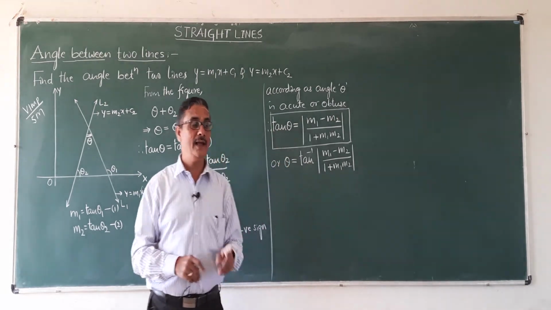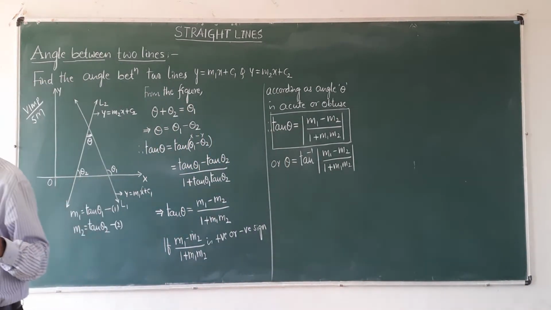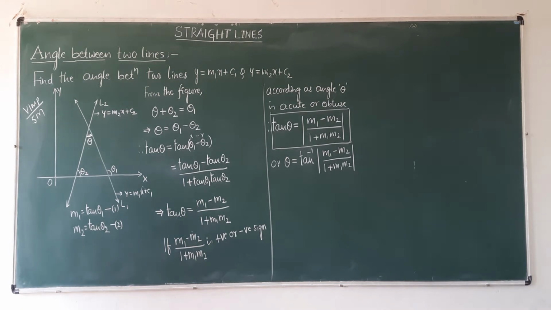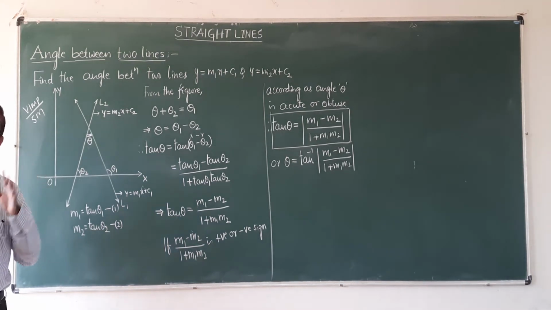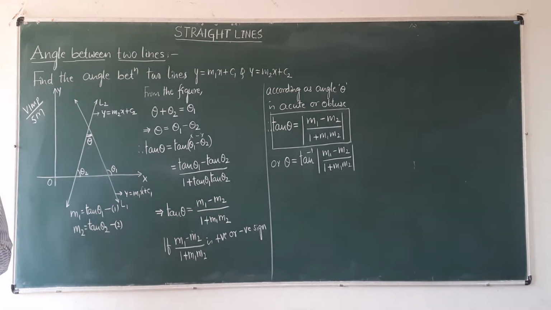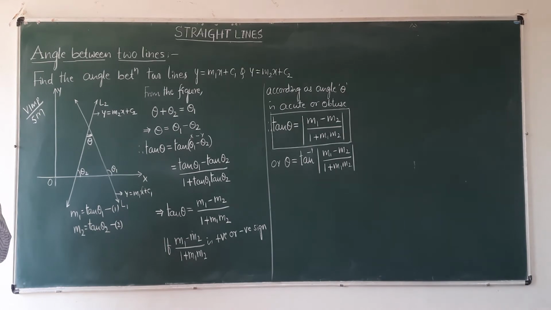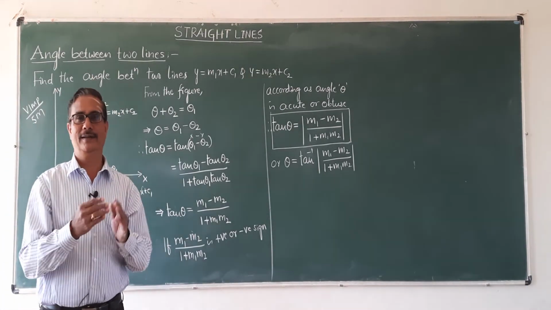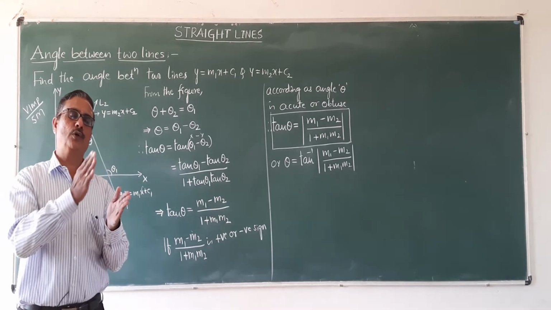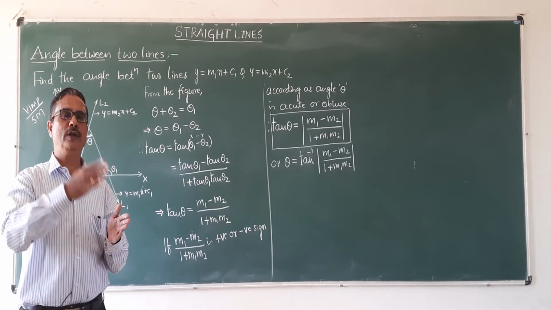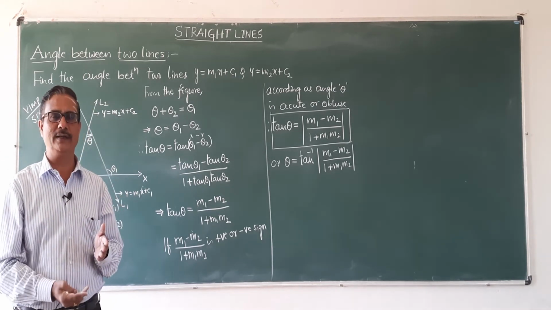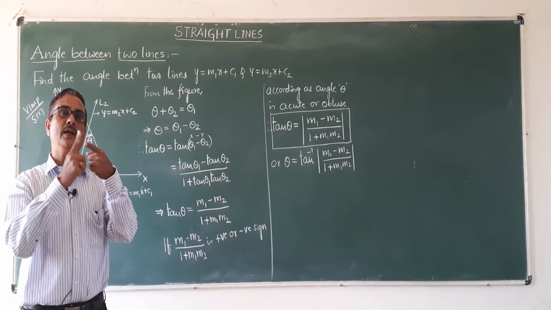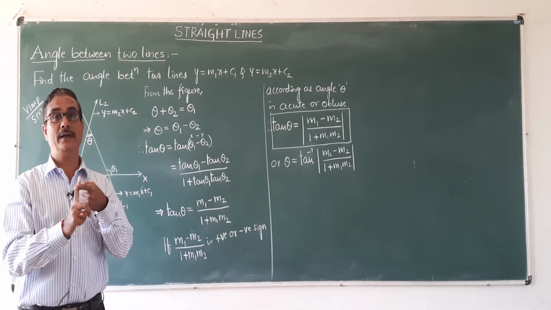This is the angle between two straight lines. Remember that formula, the most important formula, where m1 m2 are slopes. If both the slopes are equal, that is if m1 and m2 values are equal, then the lines are parallel. If the product of their slopes m1 m2 is equal to minus 1, then the two lines are perpendicular.